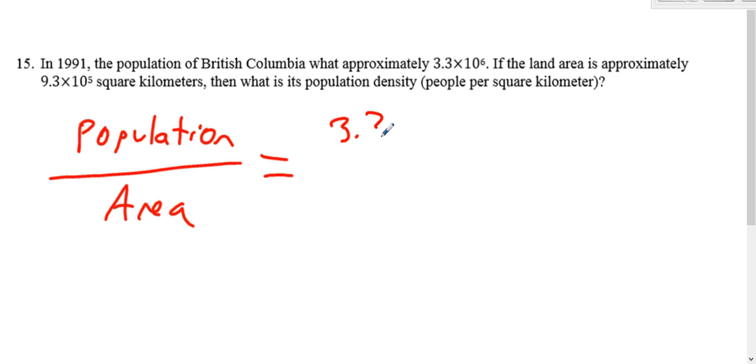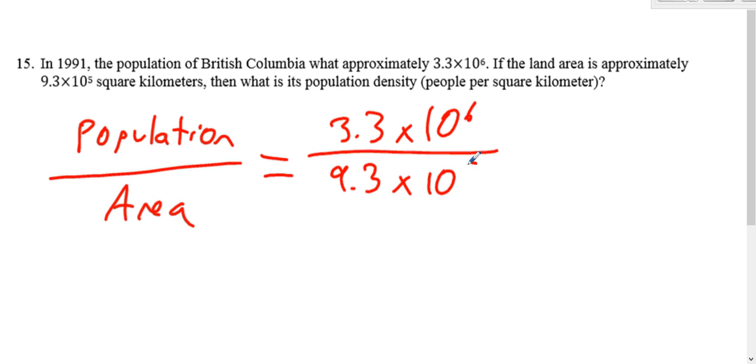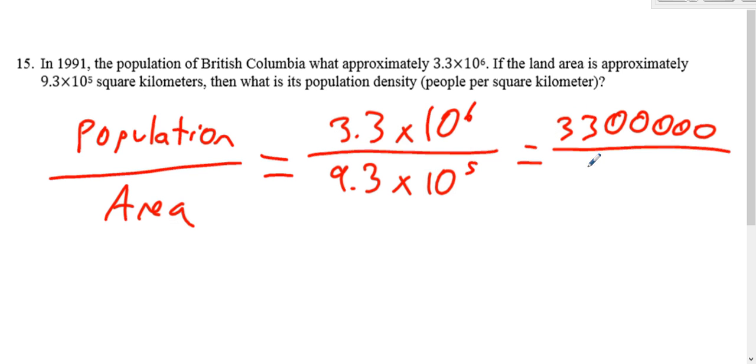So 3.3 times 10 to the 6th divided by 9.3 times 10 to the 5th. You could just change that to be 3 with 5 zeros. Make sure you move it 6 places total. Over 9, 3 with 4 zeros. You got to move it 5 places total.